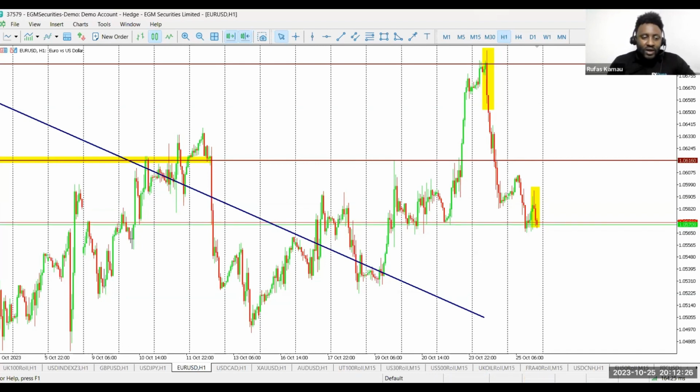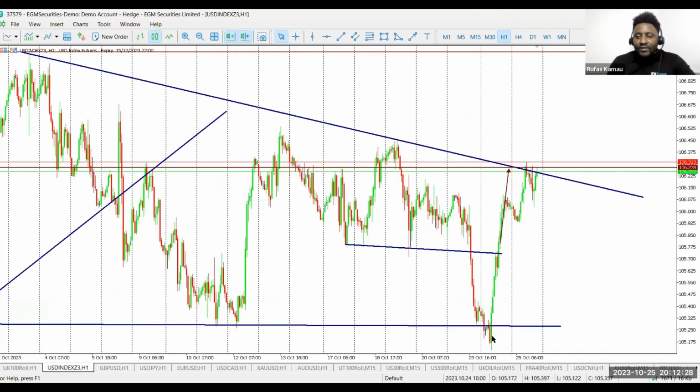So judging from what we are seeing in the dollar index, we have seen a very strong momentum happening yesterday, a slight pullback, and the market has continued pulling higher today, and now it's on the verge of breaking this resistance. So the dollar index breaking this resistance basically means that the dollar is very strong against a basket of other peer currencies such as the euro, the pound, the yen, the Canadian dollar, and so on.